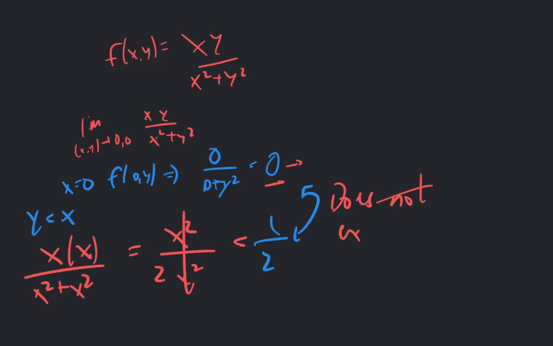Sad. An example of a function that would have a limit that exists at 0, 0 would be something like this: x squared y over x squared plus y squared.